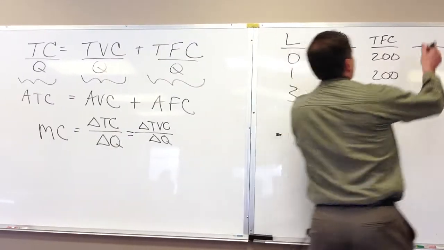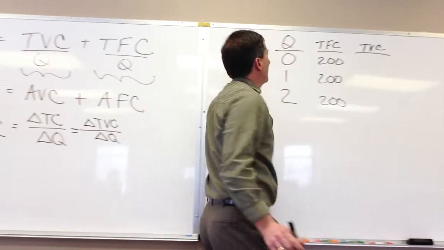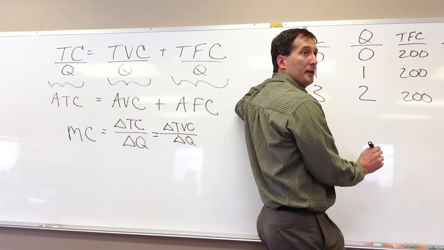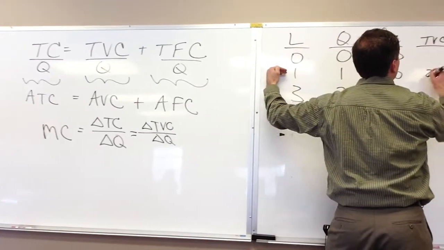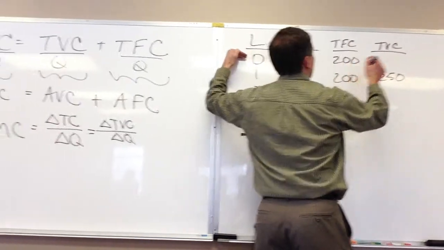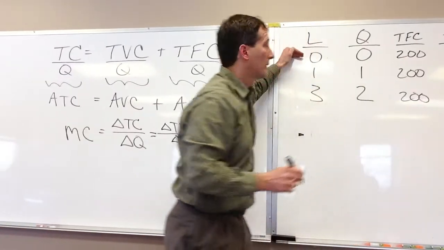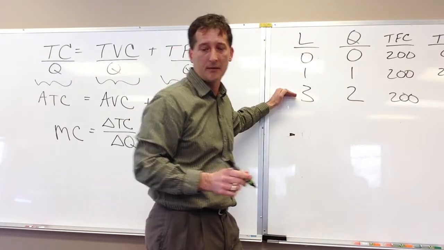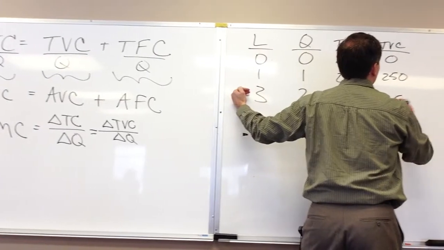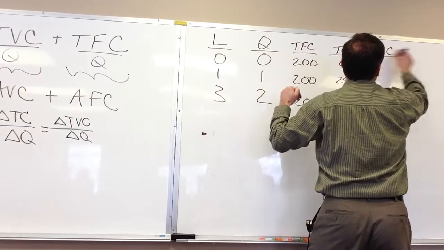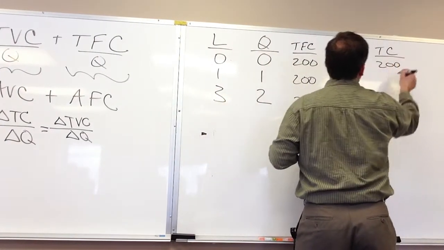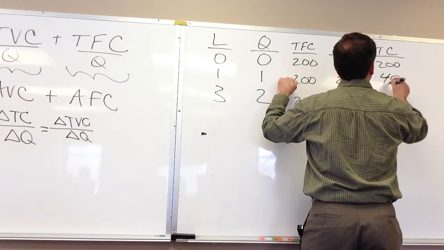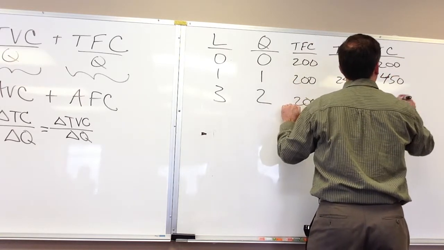Total variable. So $250 for one, right? And if we hire 0 people, it's 0. 3 people, $750. Add those two together. We start to get a total cost function here of $450, $950.